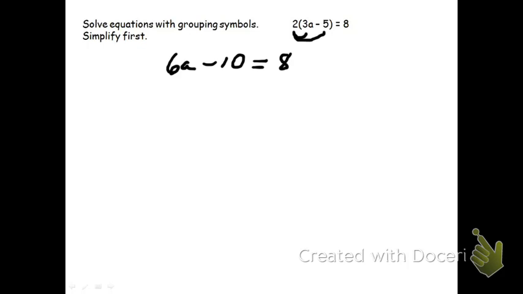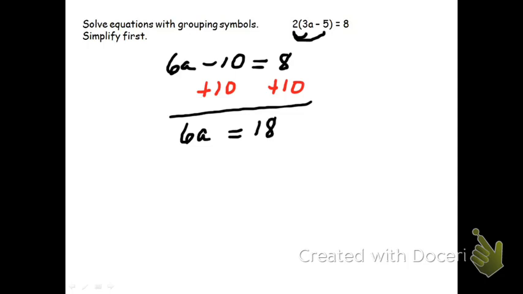Okay, so now we can start our solving process. Since we're subtracting 10, I'm going to add 10 to undo it, or to get rid of it. When I do that, my resulting equation looks like this: I have 6a, the 10's are gone, is equal to 18. Next step then is to divide both sides by 6.